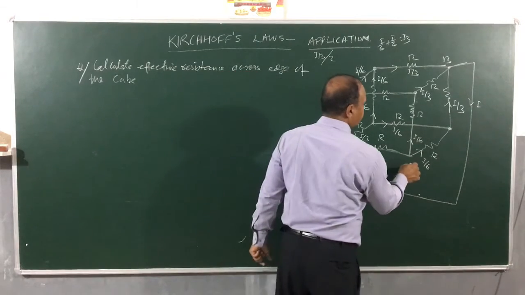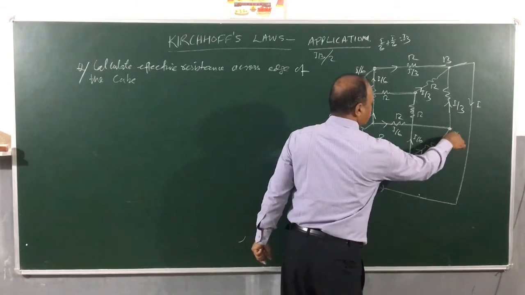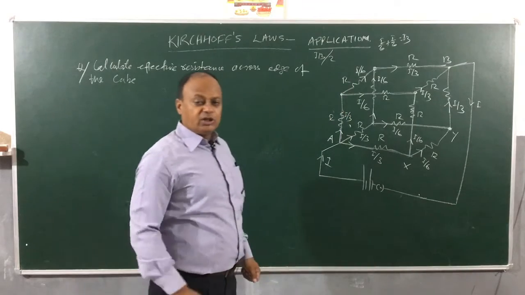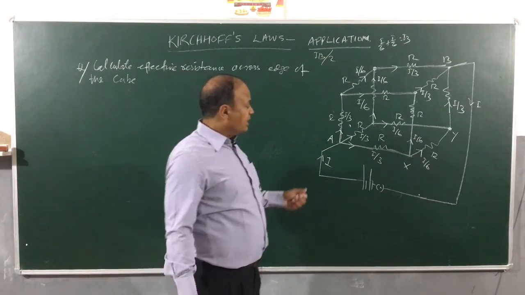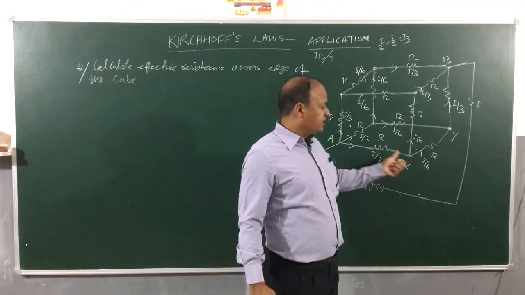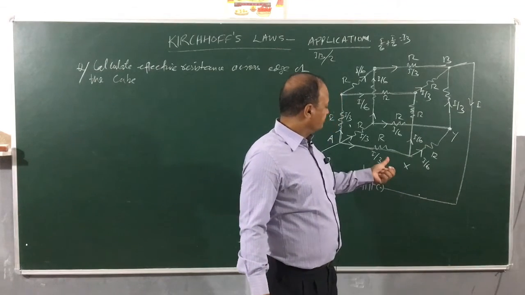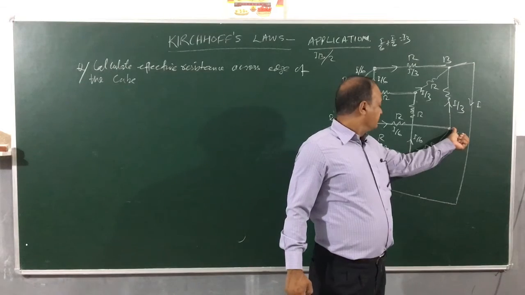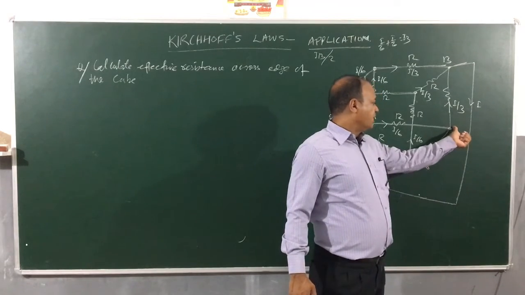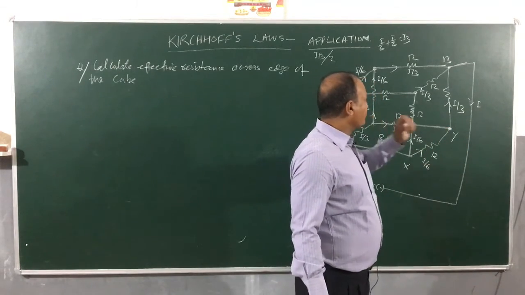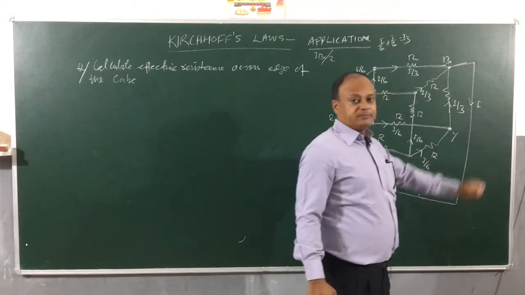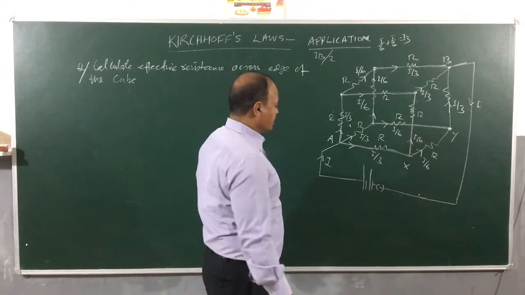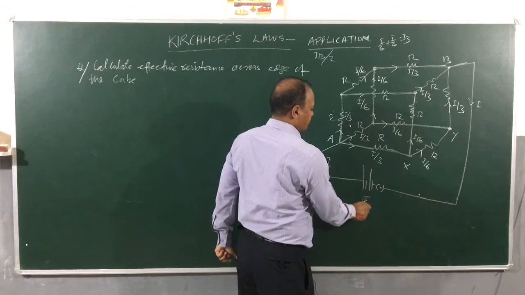And I'll take this point as X, I'll take this point as what? Y. Now children, if I add up potential difference across AX, across XY, plus across YB, let us say potential difference applied is how much?